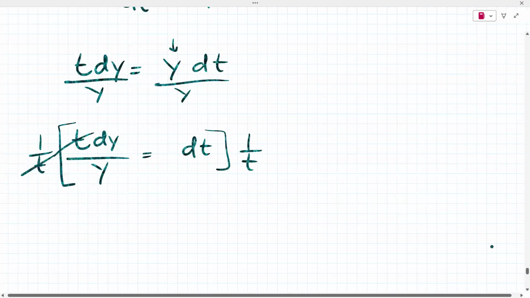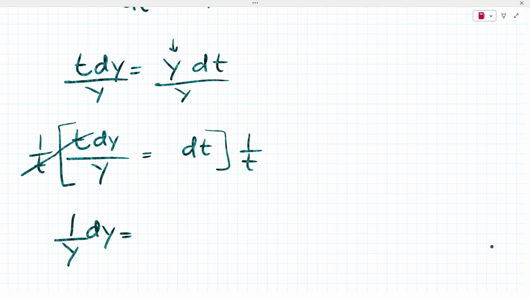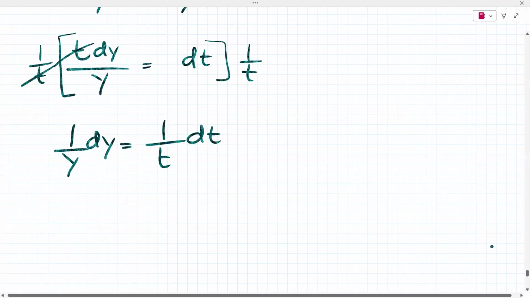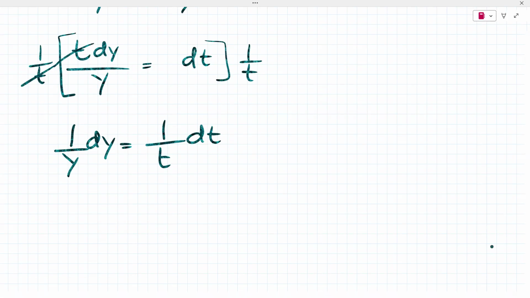So this cancels, and you're left with 1 over y dy, and then on the right, it's 1 over t dt, right? Okay. Now go ahead and take the integration of both sides.